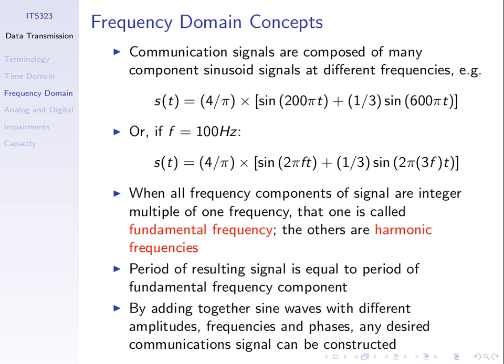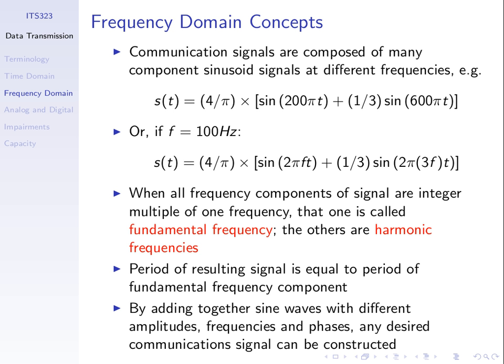In the frequency domain, we plot against the frequency, f, and the peak, so that's the uppercase F, S, the peak amplitude. And what we do is we look at the components inside this signal, look at the frequency of those components and the peak amplitude.